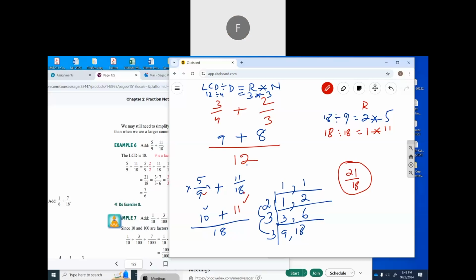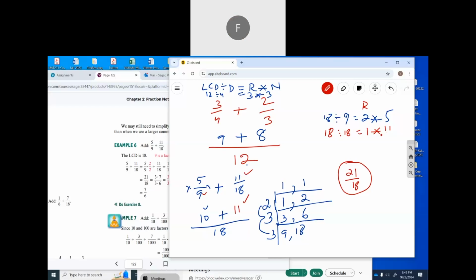Now next number, what's my next denominator? 18. 11 over 18, right? My LCD is what? 18. So I'm using this formula again. 18 divided by 18, which is what? 1. Times with my numerator. What's my numerator here? 11. 11 times 1 is what?